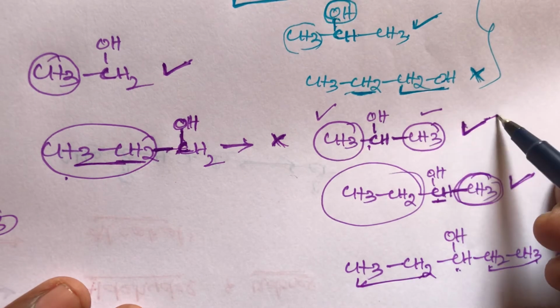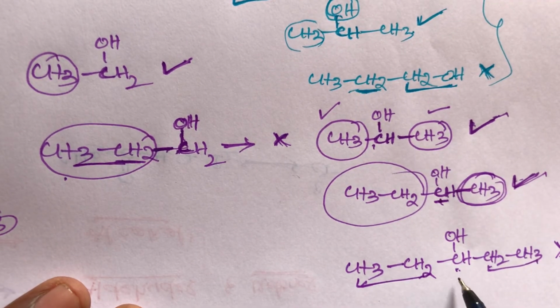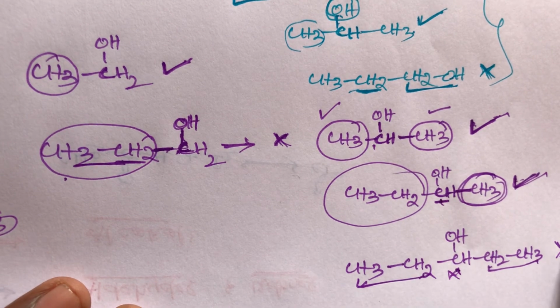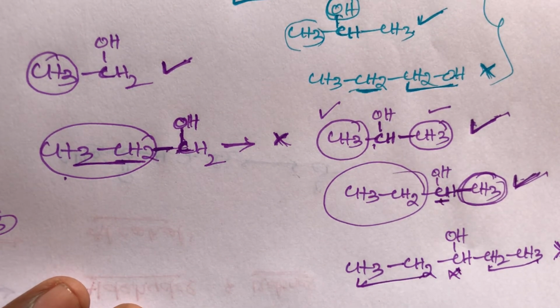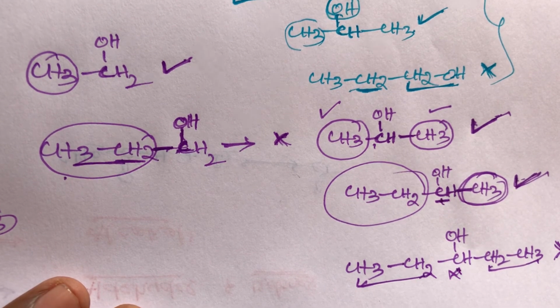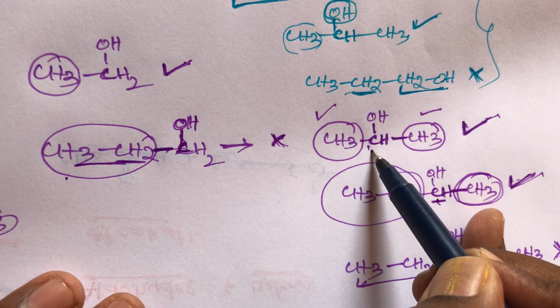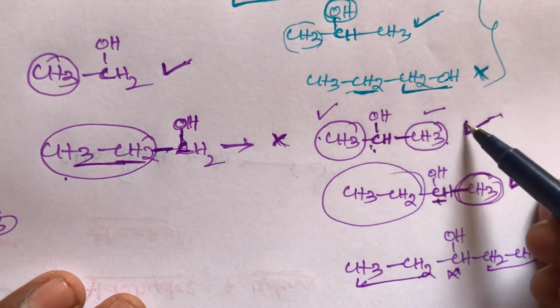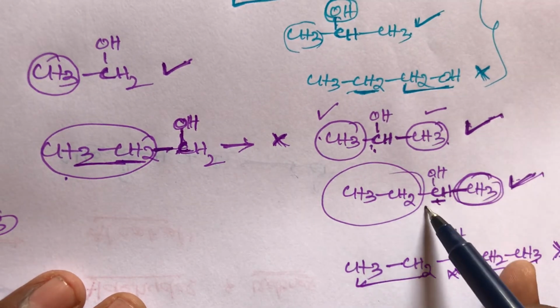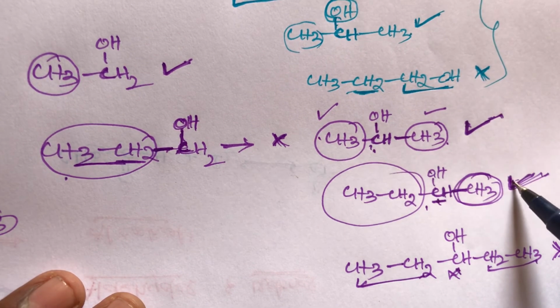Some secondary alcohols give the iodoform test, but this is also a secondary alcohol that does not give it. What is the reason? Not all secondary alcohols give the iodoform test. The secondary alcohol with two methyl groups beside it gives the iodoform test. Another secondary alcohol with one methyl group also gives the iodoform test.